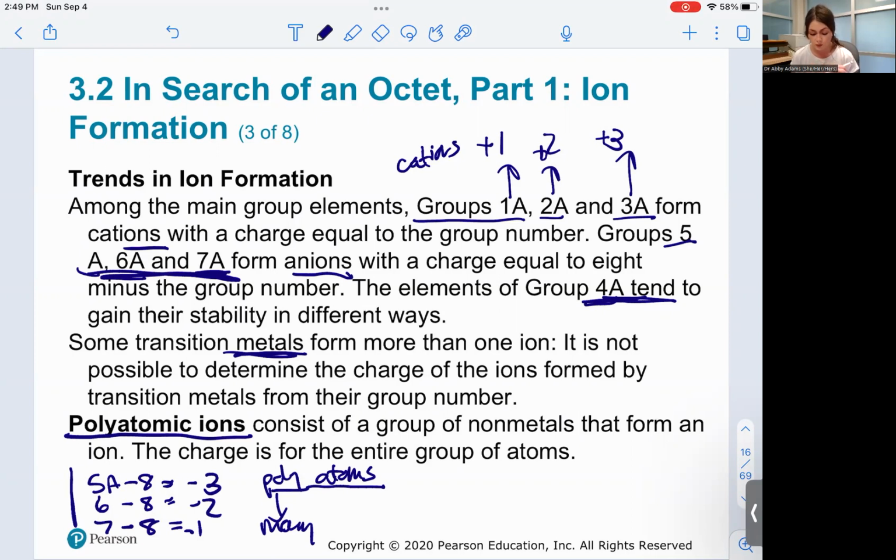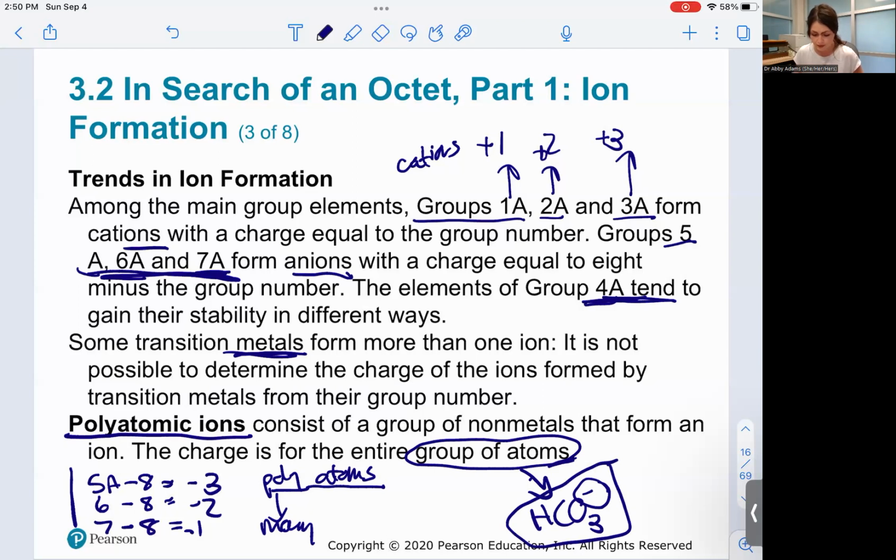Whenever this is happening, the charge for the entire group of atoms is going to be the same. So an example of that would be if you have HCO3. This negative charge is going to apply for that entire group. So it's a polyatomic ion. Okay. So there you have an example of that.